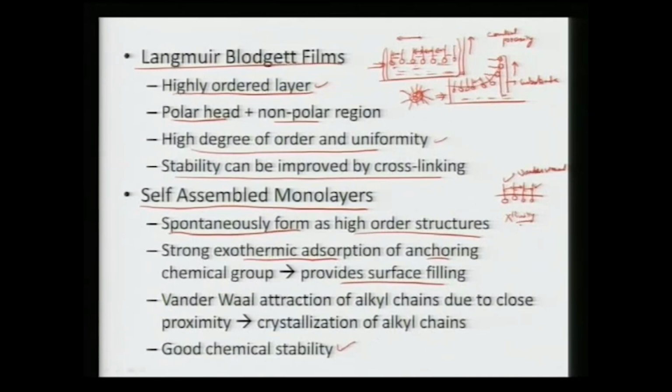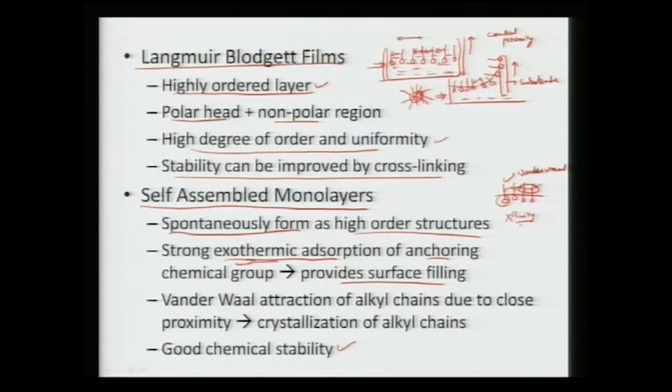So, in the self-assembled monolayer, it is more or less a chemical reaction that is happening on the surface, and they tend to form highly ordered structures because they can give out certain heat, or exothermic adsorption. Once they anchor, they release much energy and become much more stable.